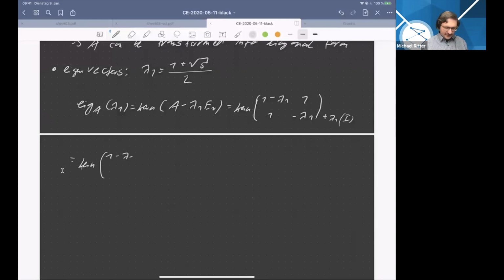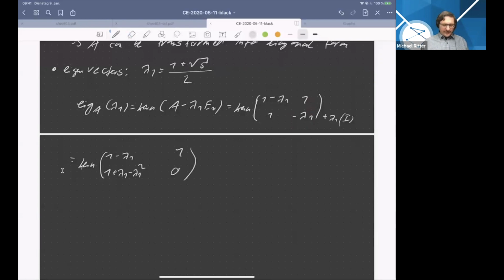So the first row stays as it is. The second row becomes 1 plus lambda 1 times this expression here, and that's lambda 1 minus lambda 1 squared. And the second expression here, this is minus lambda 1 plus lambda 1 times 1. That's going to be 0.